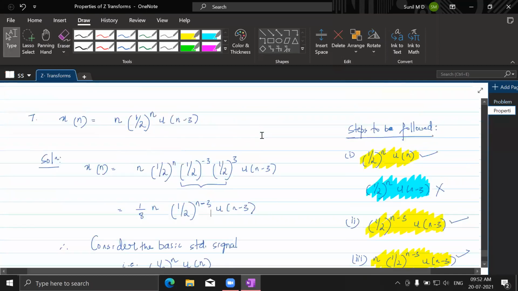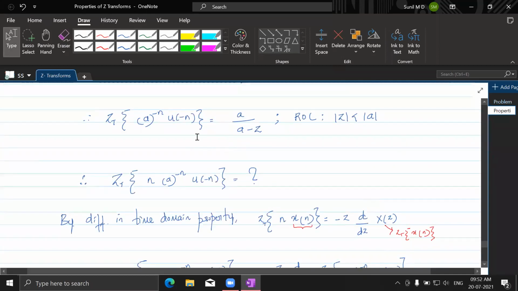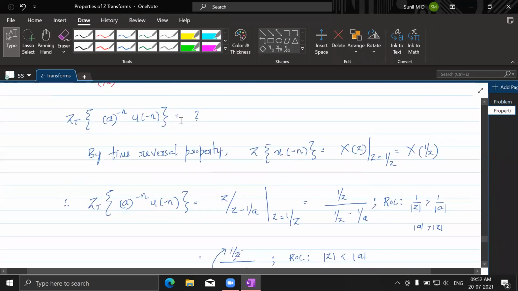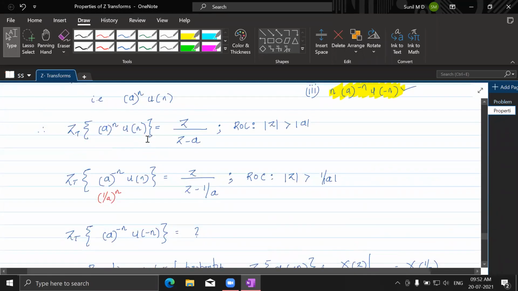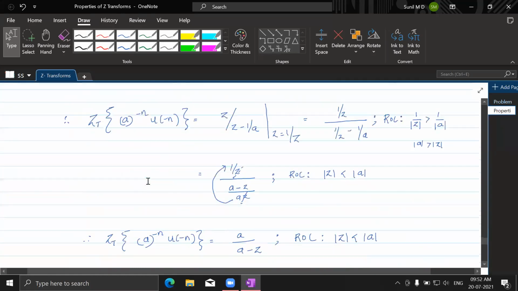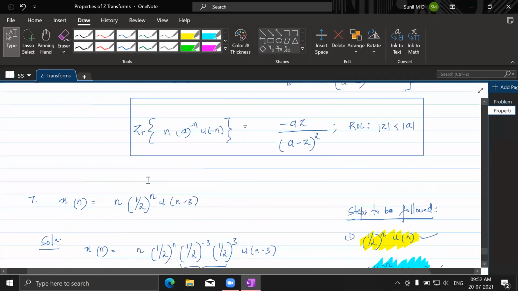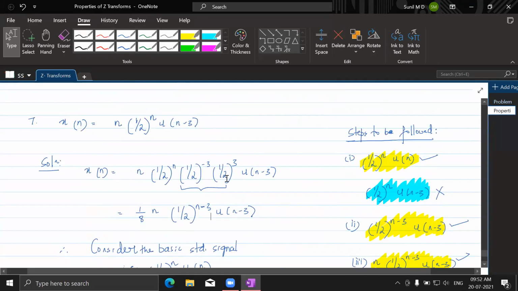Doing this was not possible in the previous expression since it was minus n there. So we followed a different way of dealing with it: first we got a power minus n, then we thought of time reversing it. But here, since there is a provision to get it in the required form initially itself, we have done that. Since this is n minus 3, this has to be n minus 3.